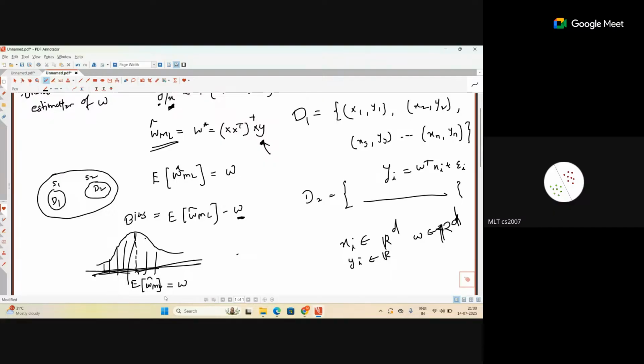And the expectation, the mean of this distribution, is equal to the true value of w, the parameter from which this data set is generated.